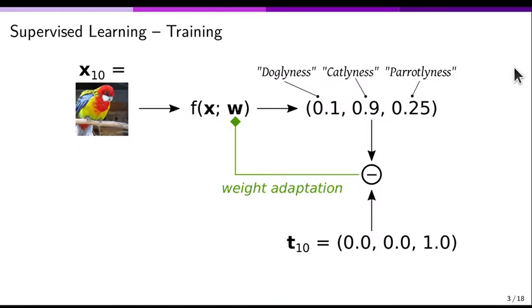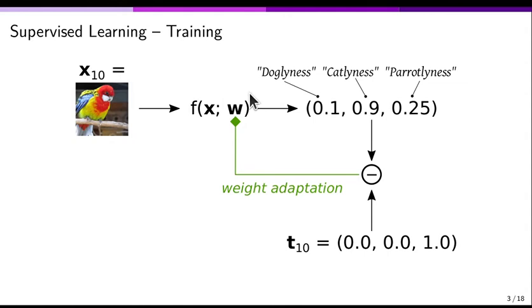But let's take a close look at this sort of problem. How is it that these traditional supervised learning networks work? What they tend to do is you take one of your images, you feed it into your network, and it produces some output.